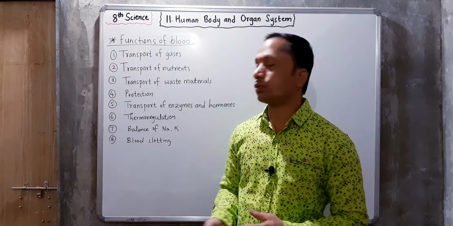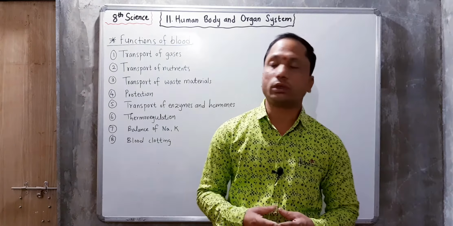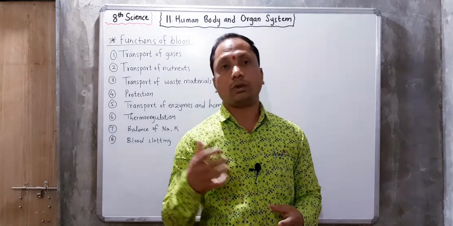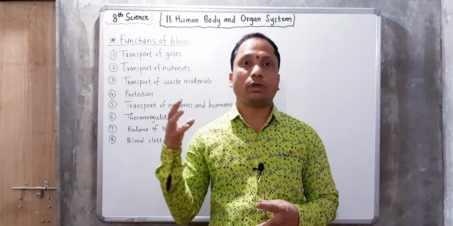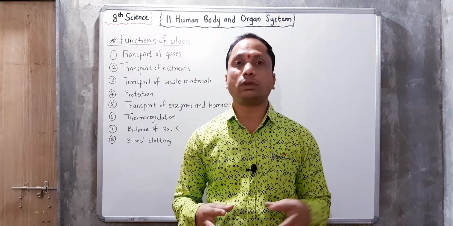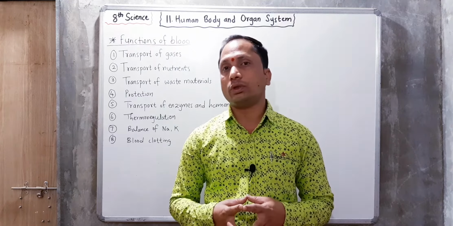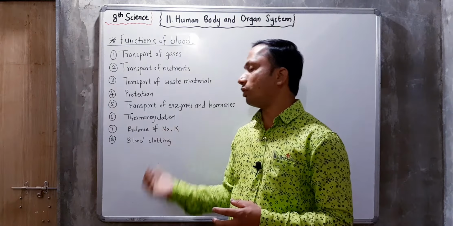Then the balance of sodium and potassium ions, which helps maintain our blood pressure, is also carried by the blood. And blood clotting: whatever wounds or injuries happen to a person due to accidents or other conditions, the bleeding is stopped by the blood clotting method.